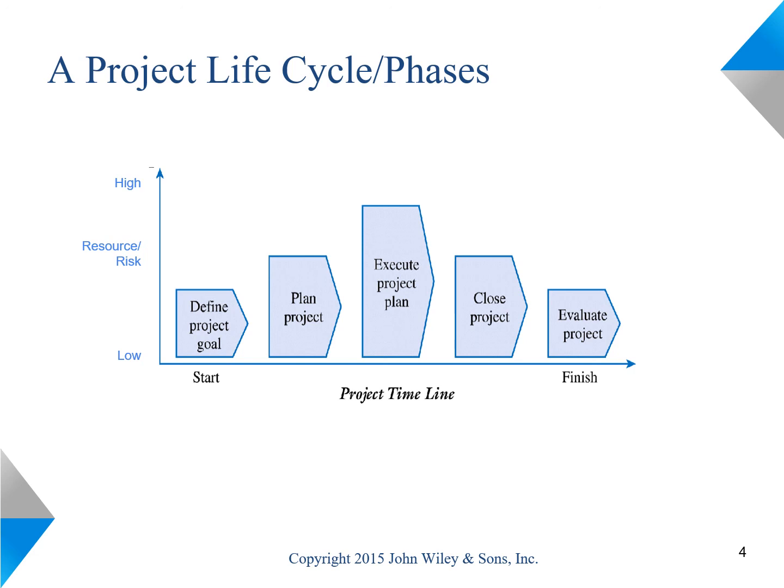In the planning phase, we finalize the scope and develop plans for managing all aspects of the project, including scope, cost, schedule, and quality. In the execution phase, we execute the plans that we developed in the previous phase. And in the closing phase, we evaluate the project.